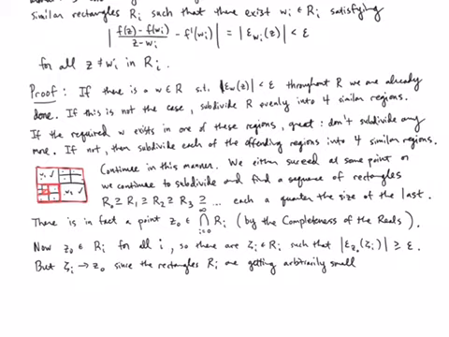But our f is supposed to be differentiable at z naught, so that error is supposed to be going to 0 the closer you get to z naught. But that error is not going to 0 for the sequence of zeta i's that are going to z naught. So that's a contradiction to the fact that our f is differentiable at z naught.